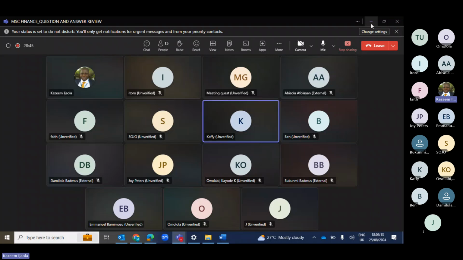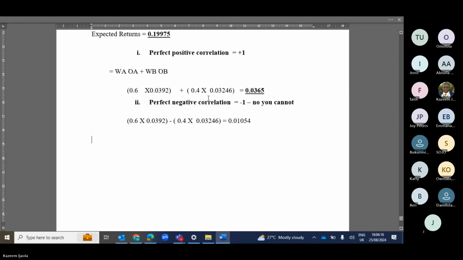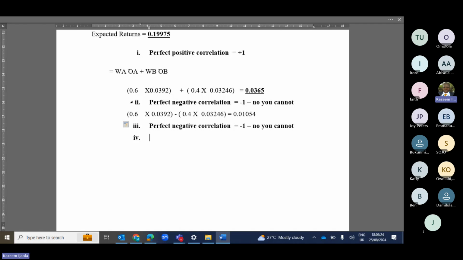All right, so the last one is 0. Let's do it for 0 correlation. So it would be weight of A squared, something like that.